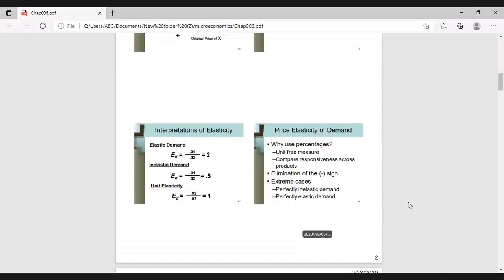If you sell at the market price or lower, consumers will buy from you whatever they want. So the demand for a particular firm's product in a competitive market is horizontal.